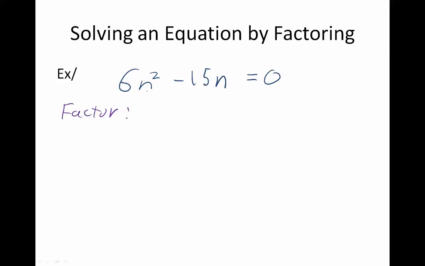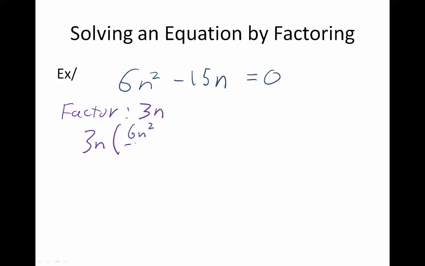So we're going to find the greatest common factor. So the biggest number that multiplies into 6 and 15 is 3. And the biggest variable here that multiplies between n squared and n is n. So that's what I'm going to factor out, 3n.